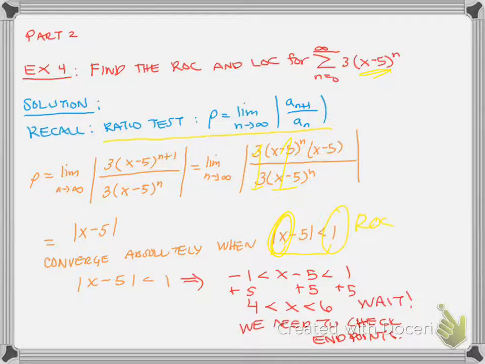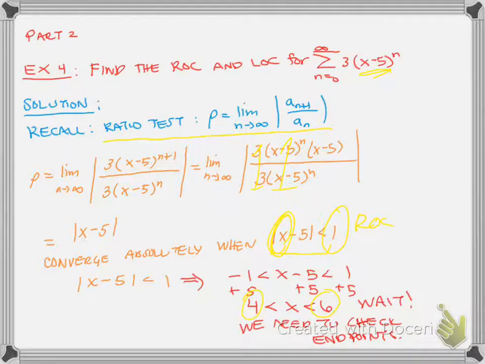We need to check endpoints because if you recall for the ratio and the root test, if you equal 1, then the test is inconclusive. And what that represents in your interval of convergence is those endpoints. So you don't know, one or more or none could converge or diverge. So you have to check your endpoints.